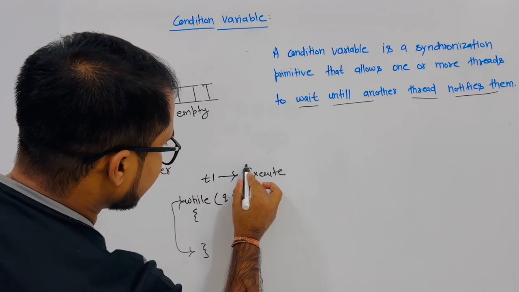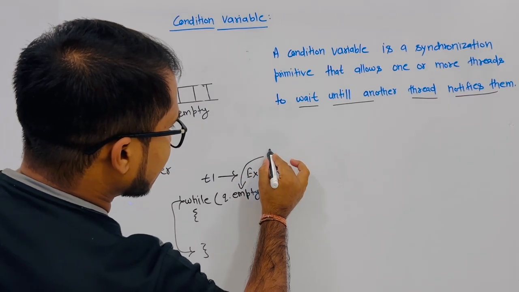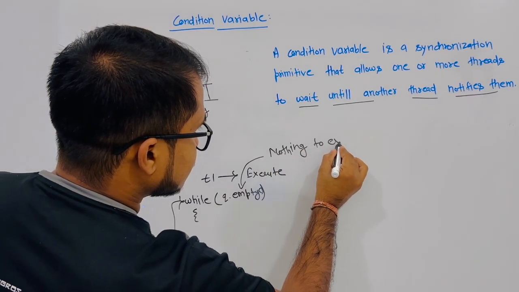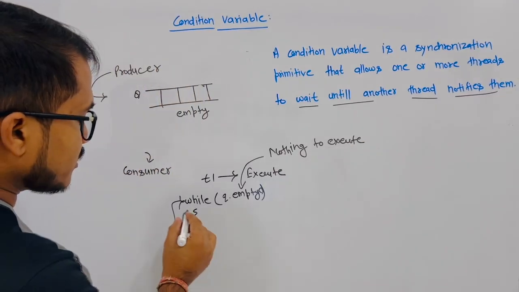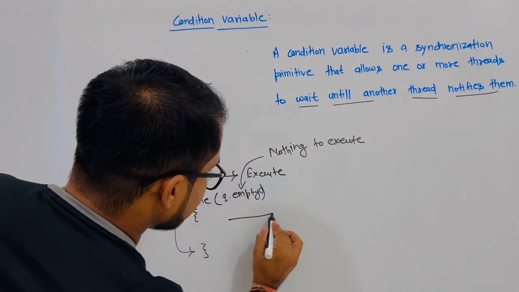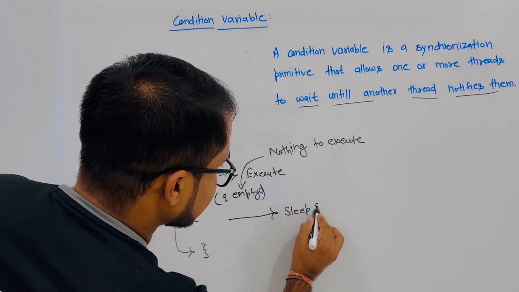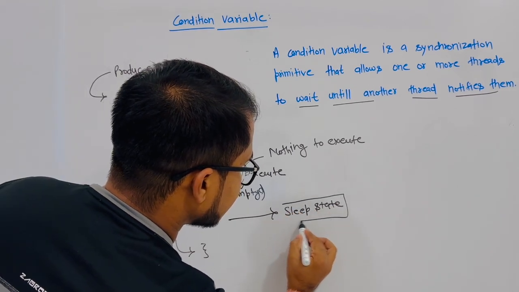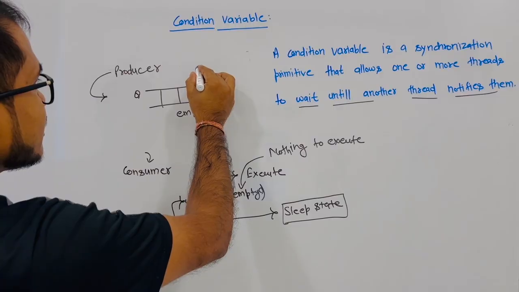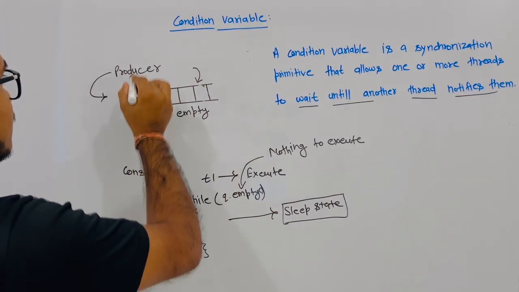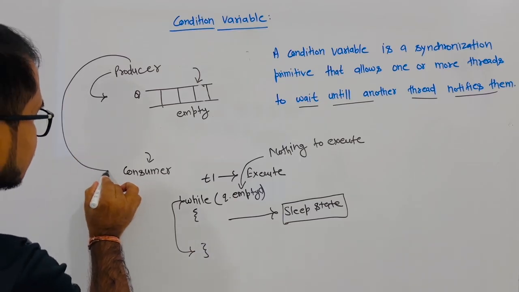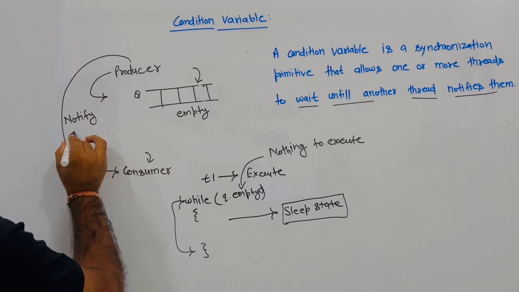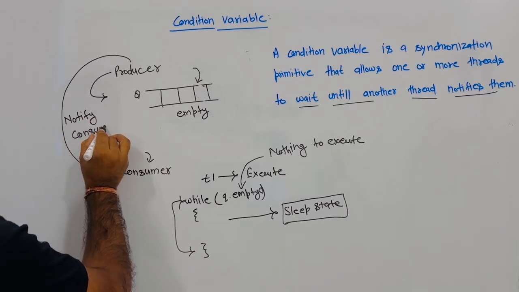If the queue is empty, it means there is nothing to execute, so it will go into the sleep state, and it will go into the sleep state in such a way that whenever something gets added to the queue, the producer thread will notify the consumer that there is a new task in the task queue, please execute it.